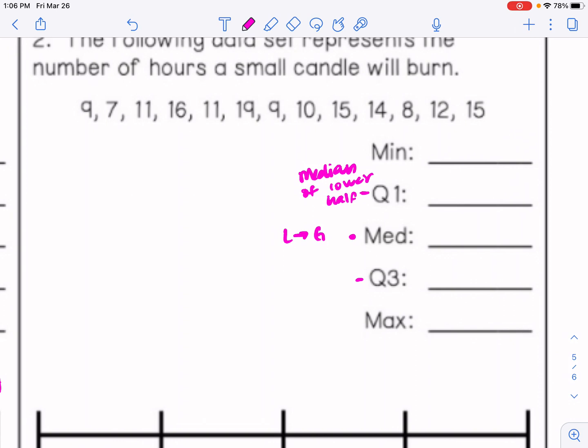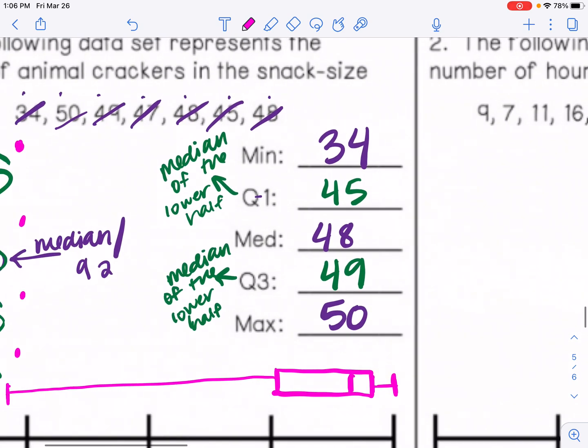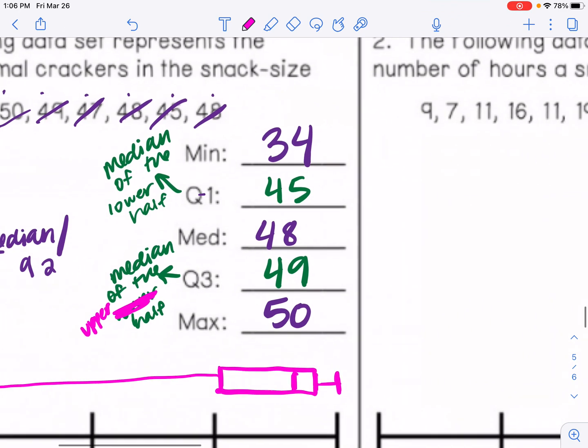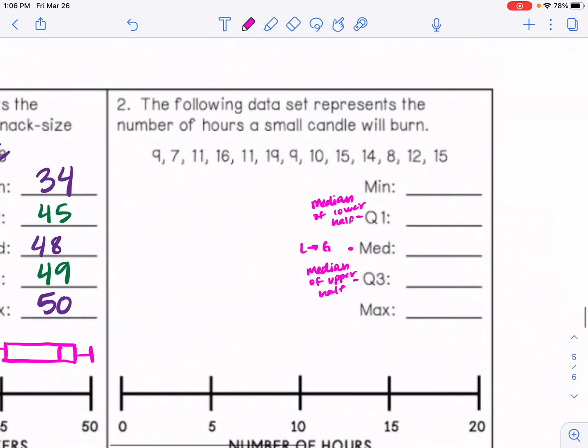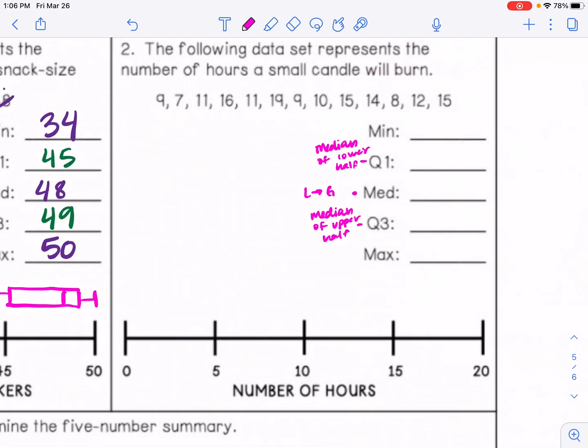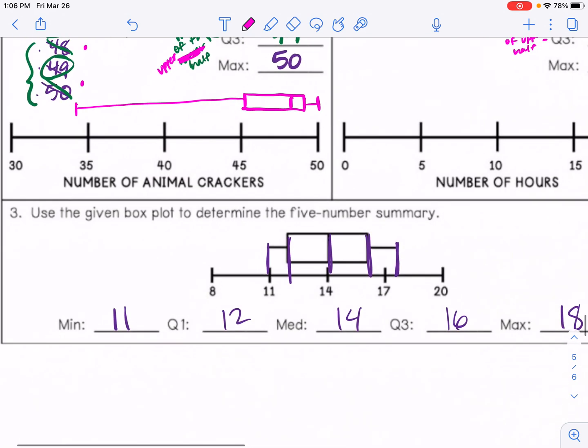And Q3 is the median of the upper half. Okay, just like it says over there. And I don't know why I wrote lower half. I just realized that. Upper half. Hopefully you stuck around long enough to see me fix that. All right. So over here, you're going to fill in the missing numbers and then create your box plot using it. Okay. But let's do this one together.